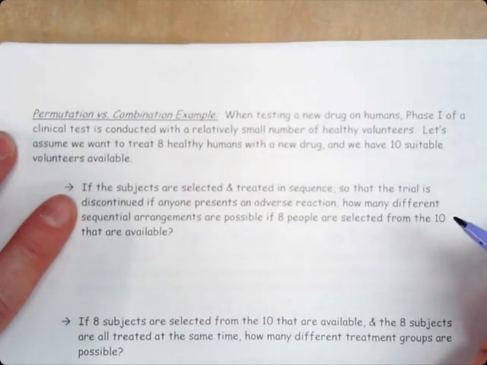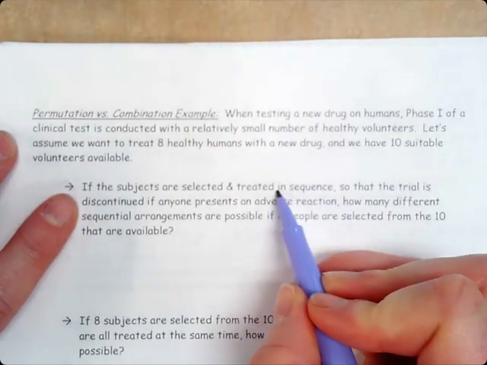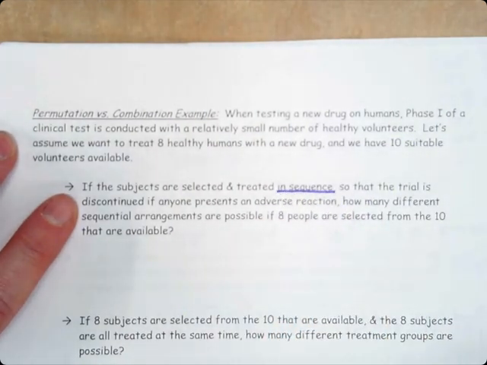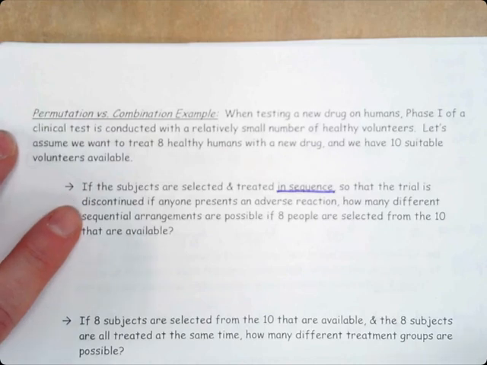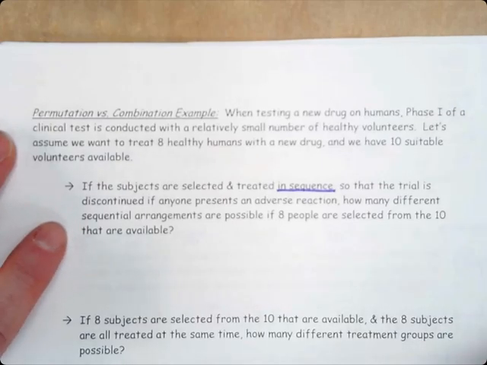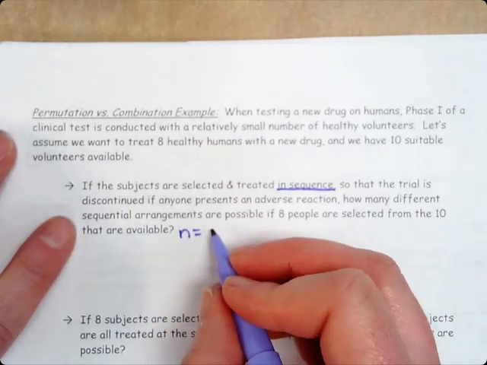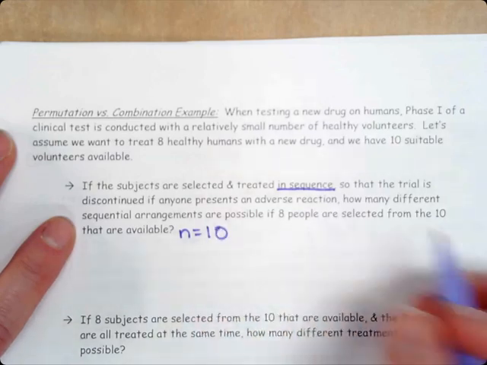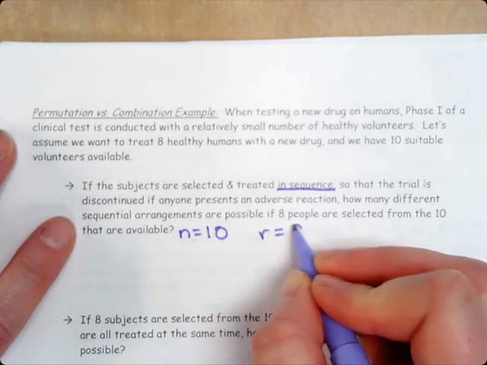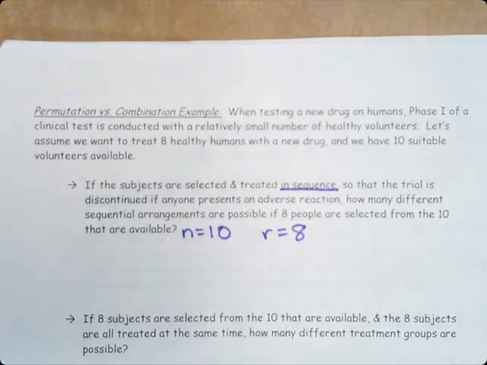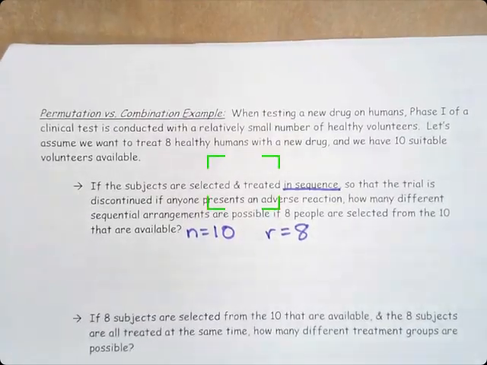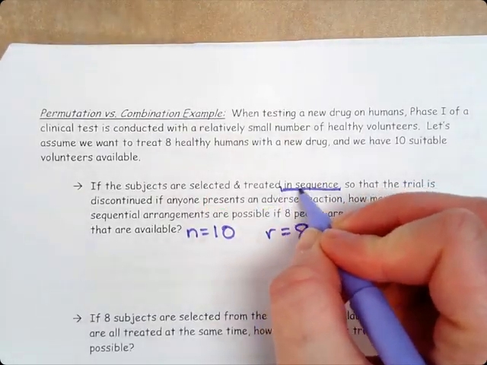If the subjects are selected and treated in sequence so that the trial is discontinued if anyone presents an adverse reaction, how many different sequential arrangements are possible if 8 people are selected from the 10 that are available? So n would be 10 to choose from, but only 8 are picked. And the key phrase here is in sequence.